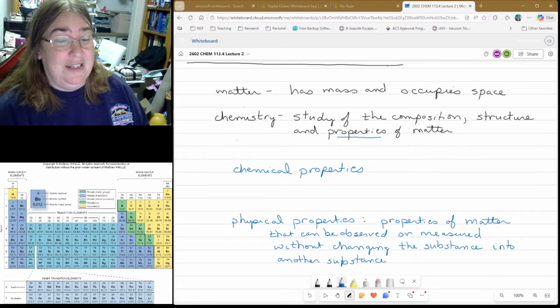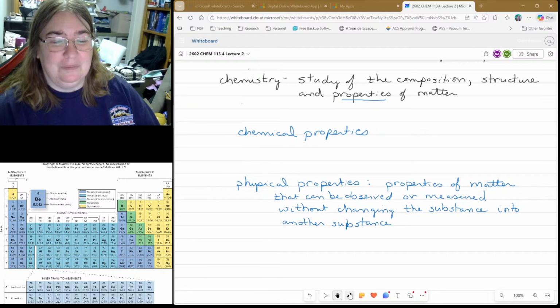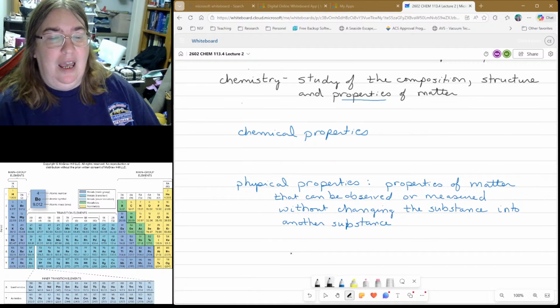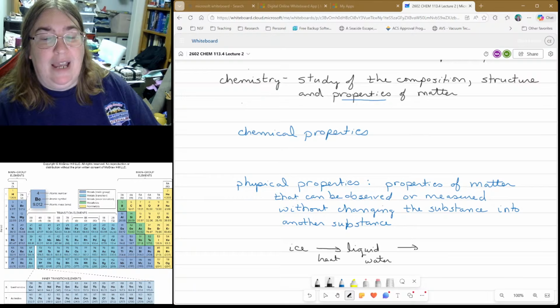I'm going to give you a good example of this. I take ice, I apply heat, and I get liquid water. If I continue to apply heat, I get water vapor.